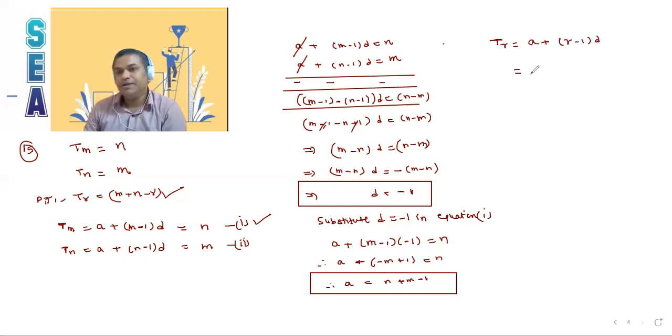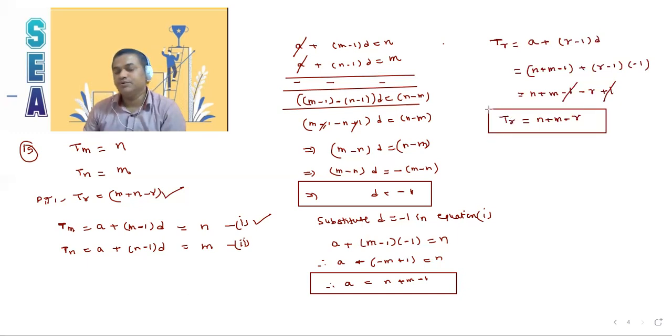Here a is n plus m minus 1, plus r minus 1 into minus 1. So n plus m minus 1 minus r plus 1. The minus and plus cancel each other. So n plus m minus r.